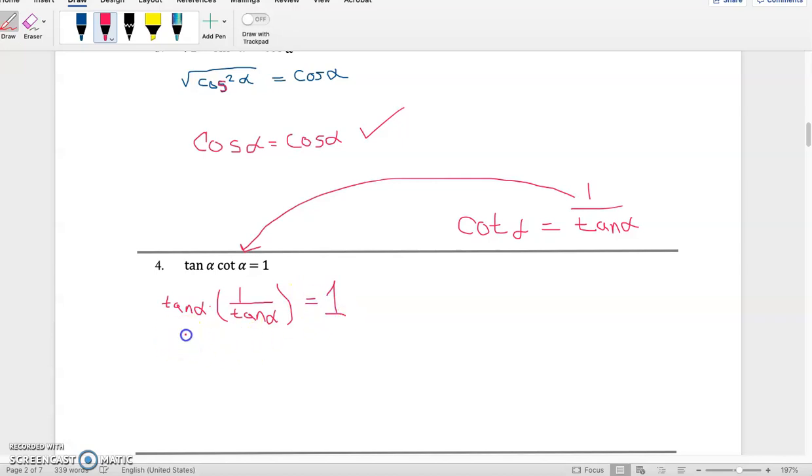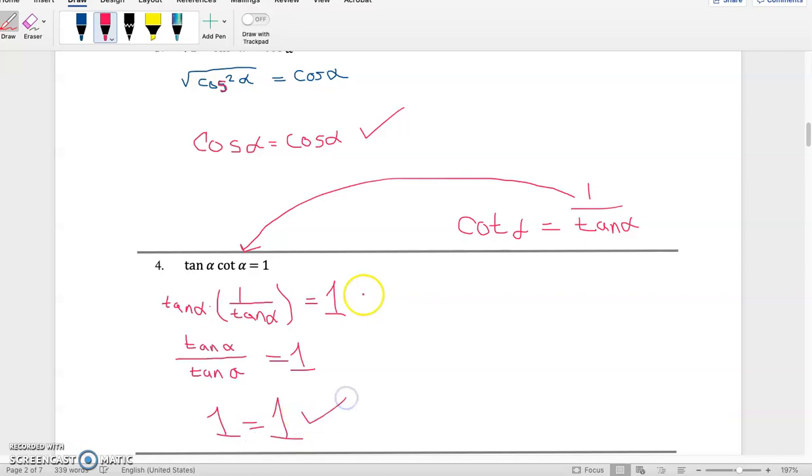Well, this just becomes tangent of alpha over tangent of alpha. And we know anything over itself, tan of A divided by tan of A, that's the same as 1. 1 is equal to 1.